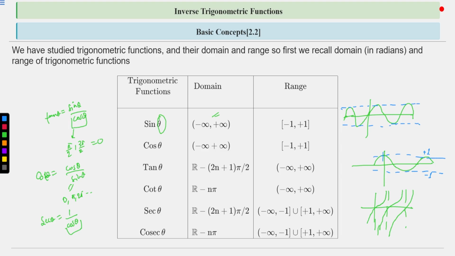At these values, cos theta is 0. So the domain of sec theta will be all real values except odd multiples of pi by 2, right? And the range of sec theta will be minus infinity to minus 1.